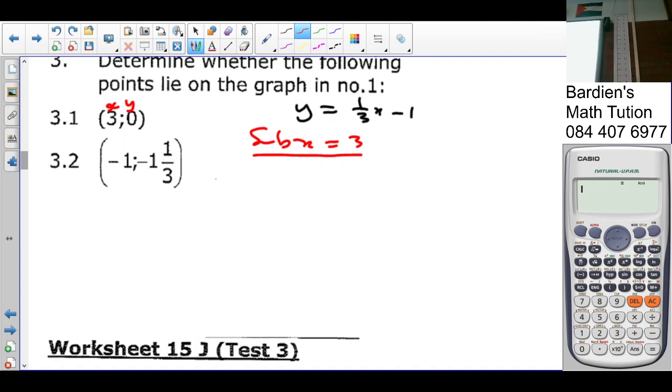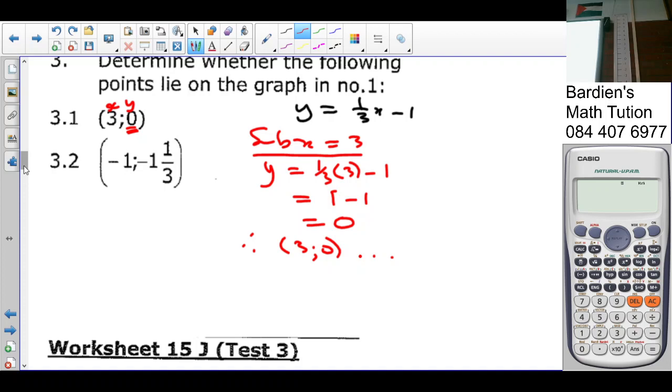If you get any value other than the y value of 0, then it does not lie on the graph. You guys understand? So y is equal to 1 over 3 times 3 minus 1. 1 over 3 times 3 is 1, minus 1 is 0. So does it lie on the graph? Yes. Therefore, 3 and 0 lies on the graph of y is equal to 1 over 3x minus 1.